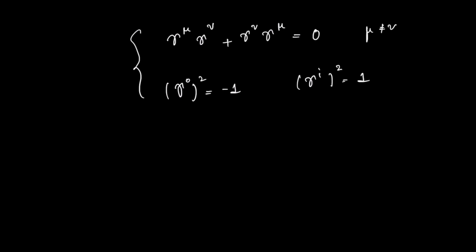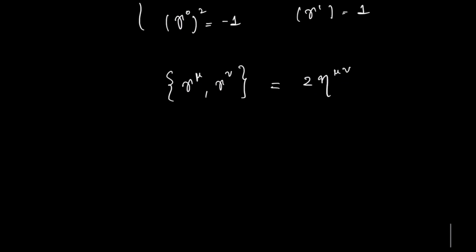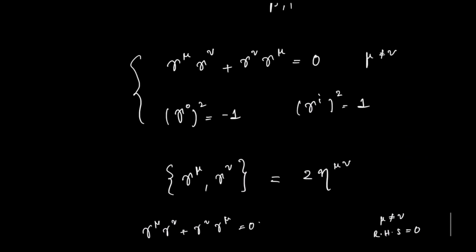I can write the anticommutator of gamma mu and gamma nu is equal to 2 eta mu nu. When mu is not equal to nu, the right hand side will be 0, so you get gamma mu gamma nu plus gamma nu gamma mu is equal to 0, which is the first condition.